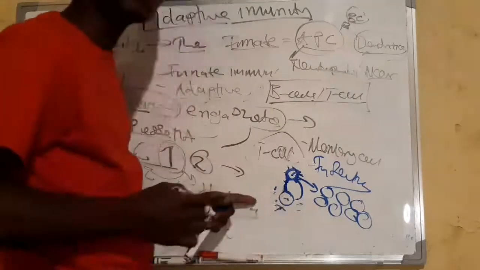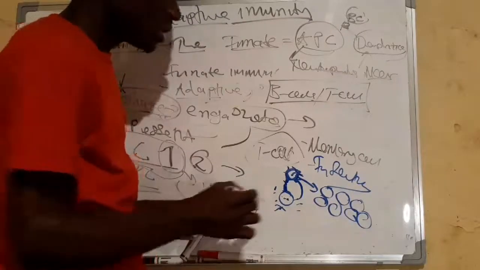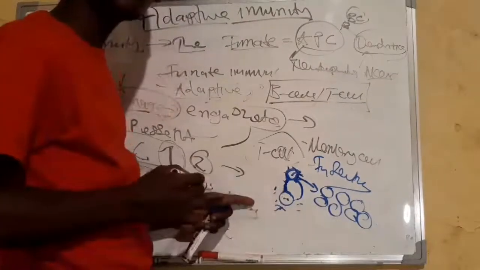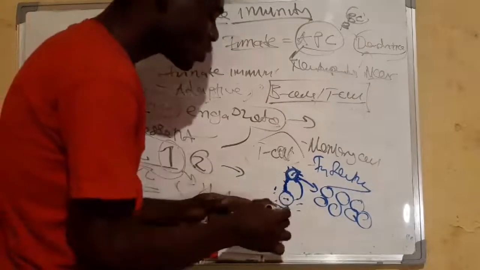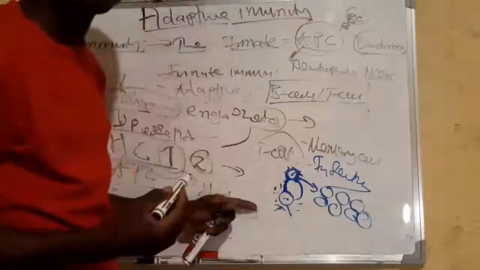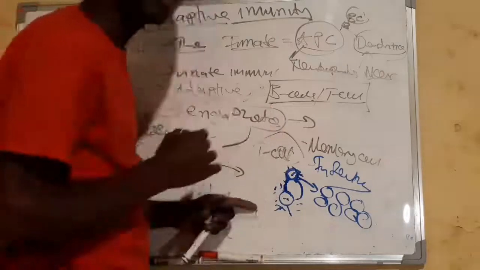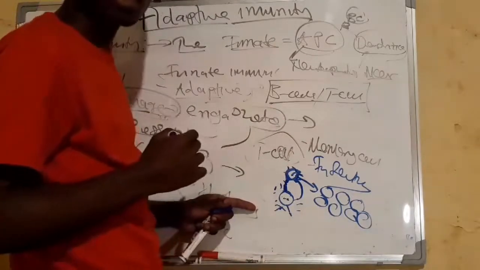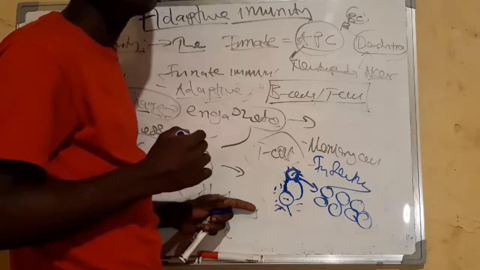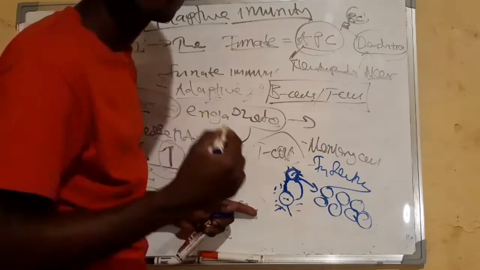Also, after these cytokines are produced, the T cell has become activated. It will also activate other macrophages, other immune cells, and cause the T cells themselves to be activated and proliferate.